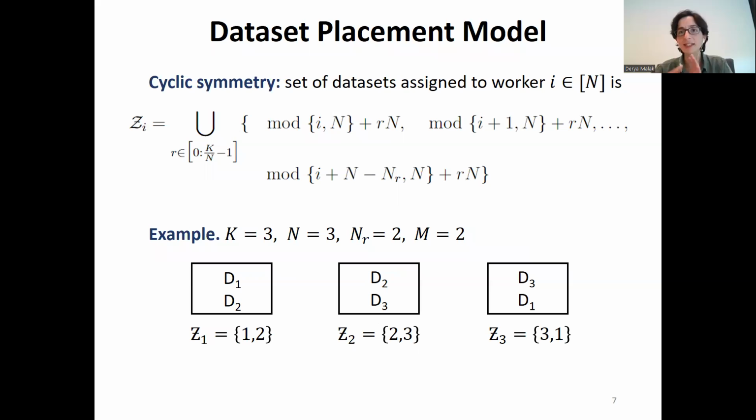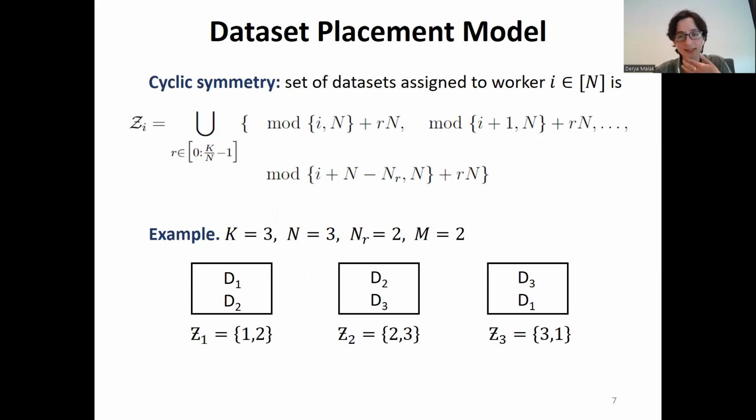There are some additional assumptions in this talk in terms of the placement of the data. This is also a general assumption in the recent work that has been done in this direction. We assume that the data set assignment across the workers has been performed in a cyclic manner. More generally, the set of indices placed in a given worker follows this rule.